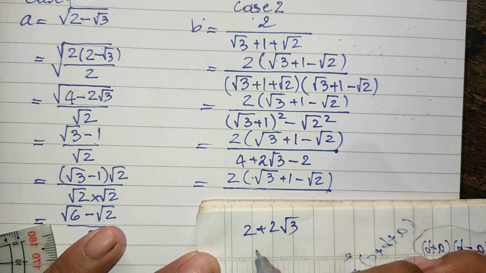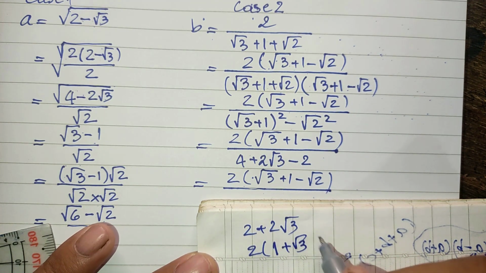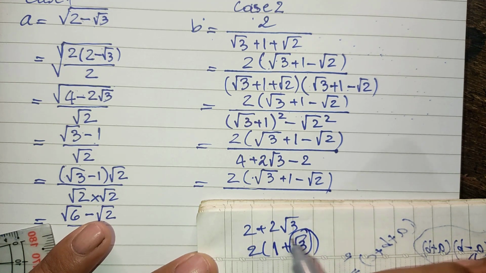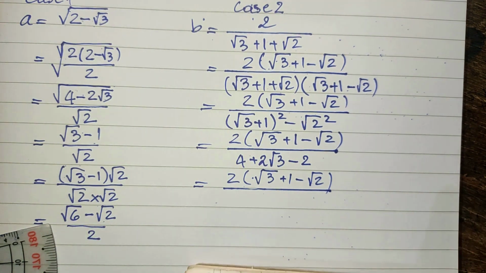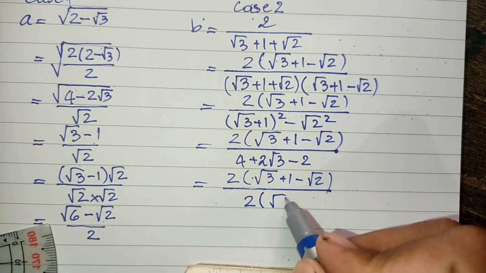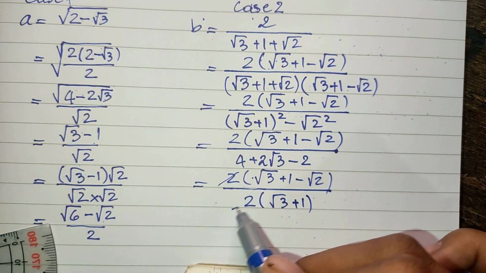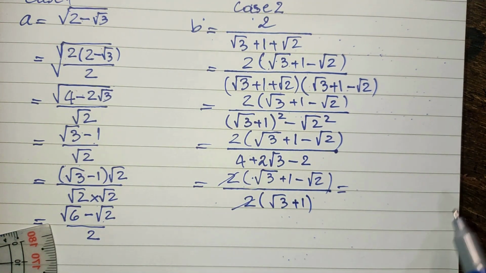I take 2 out as a common factor, we get 2 multiplied by (1 + √3). Also I can write this as √3 in front and 1. And now we get 2 multiplied by (√3 + 1), and so we can cancel this.